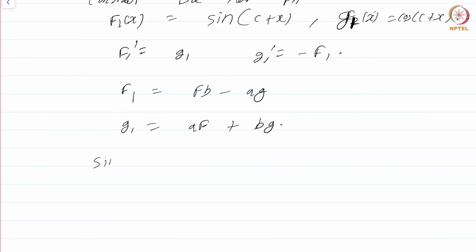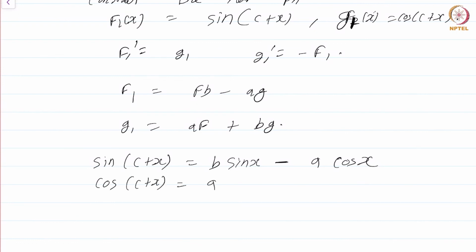What we actually have is sine of c plus x is equal to sine x b minus a cos x, and cos of c plus x is equal to a sine x plus b cos x.